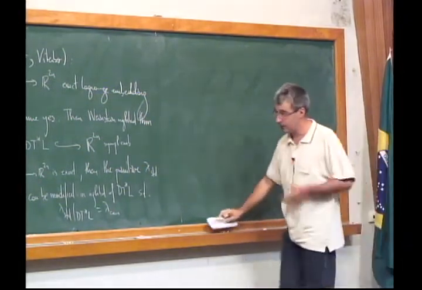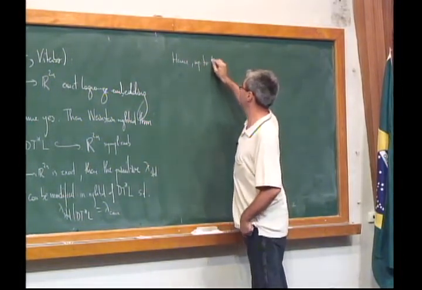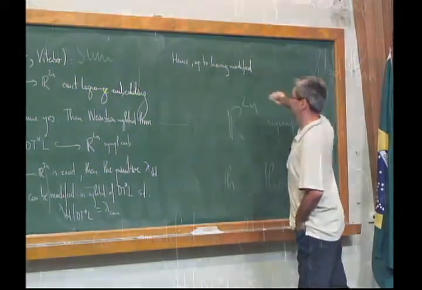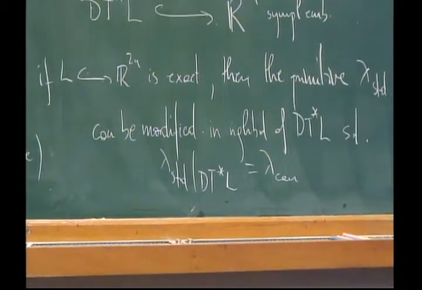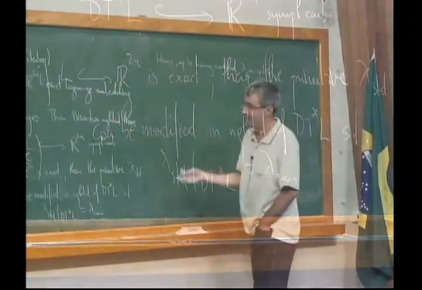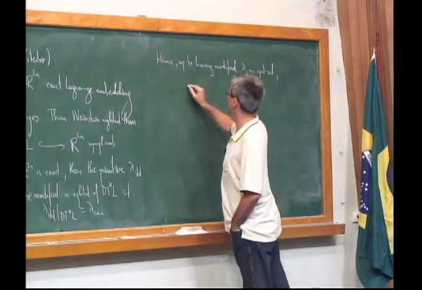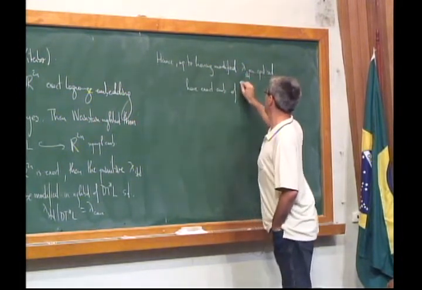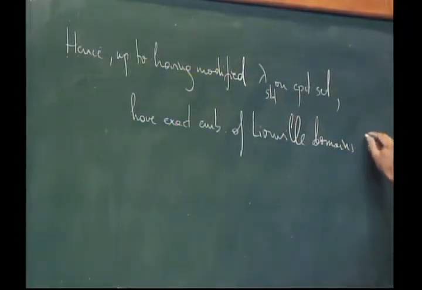And this tells you that, up to having modified lambda standard on a compact set, I have an exact embedding of Liouville domains, D*L inside some large ball.